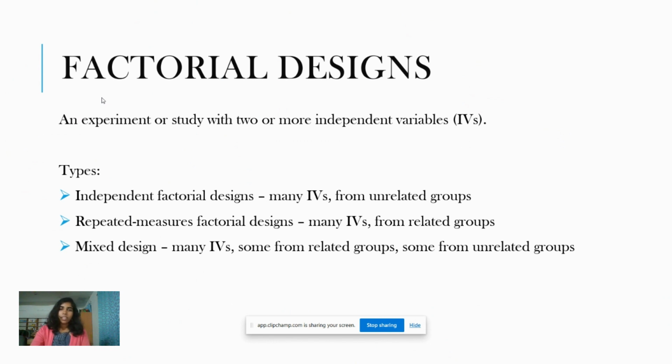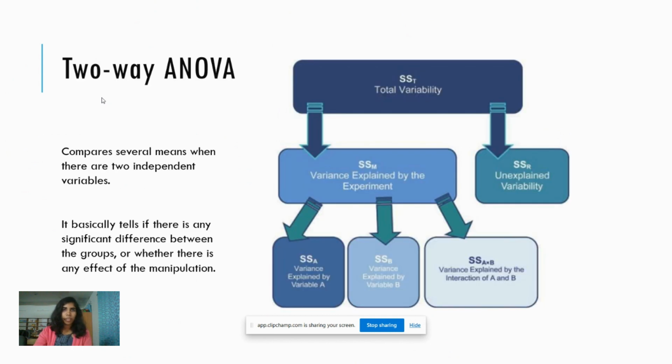In a mixed design, some of the independent variables can be from related groups, while some can be from unrelated groups. Factorial designs are also called factorial ANOVA, and the two terms are used interchangeably. And two-way ANOVA is a kind of factorial design.